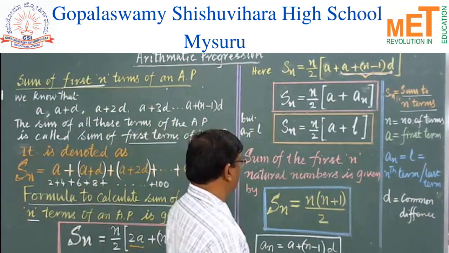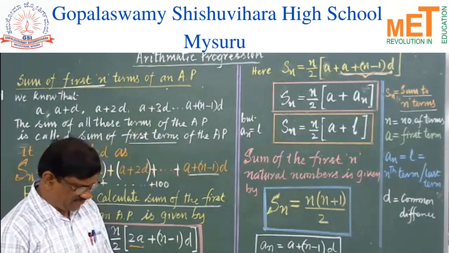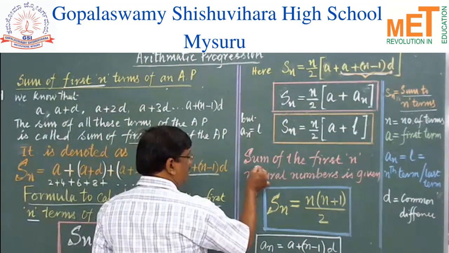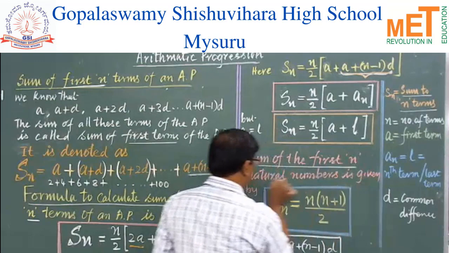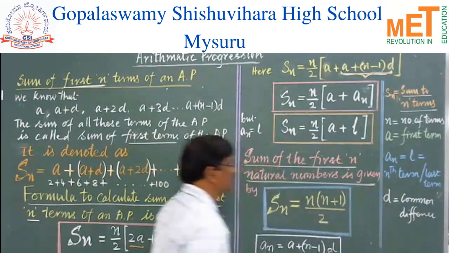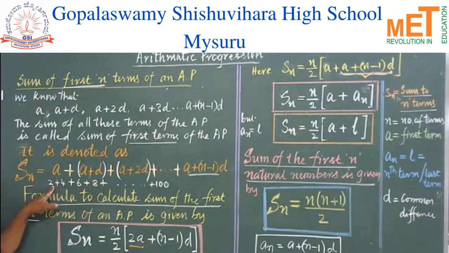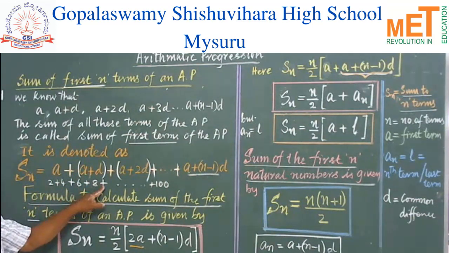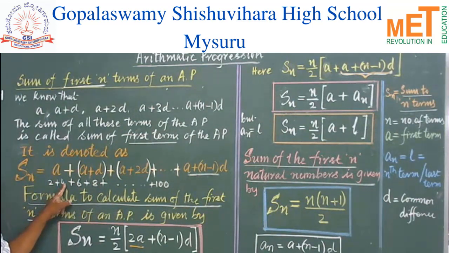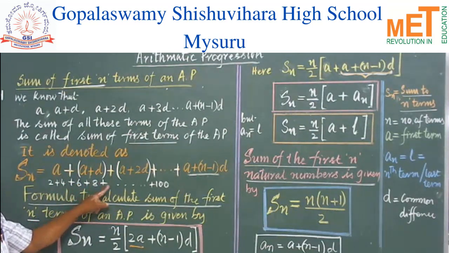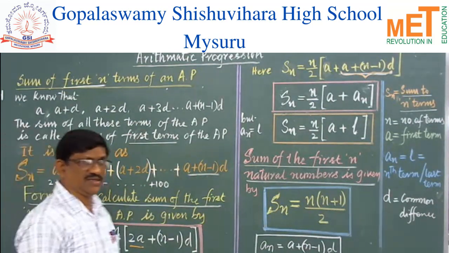So next, in the same way, the sum of the first n natural numbers. Here you see children, we have taken an example of 2 plus 4 plus 6 plus 8 plus etc. up to 100.